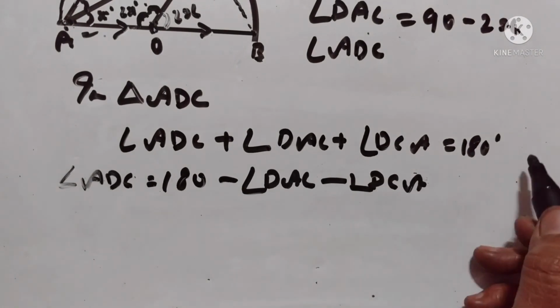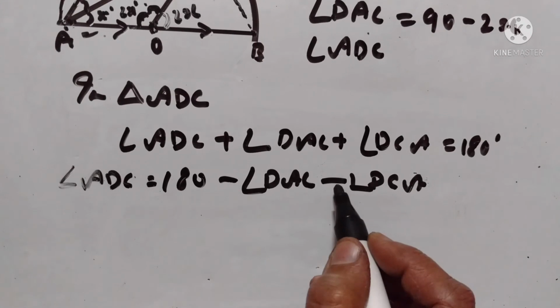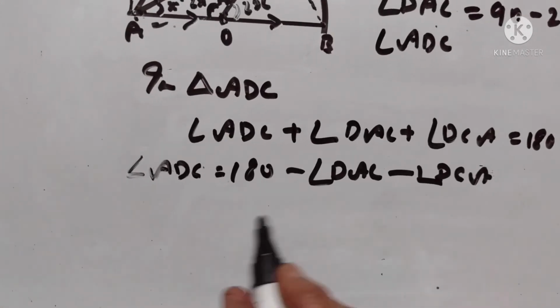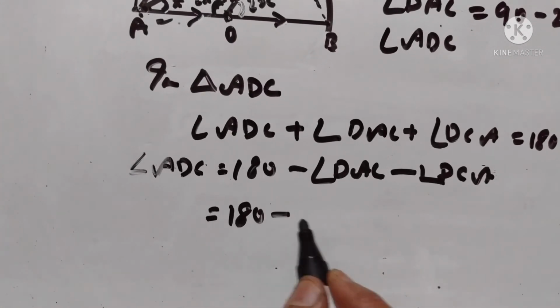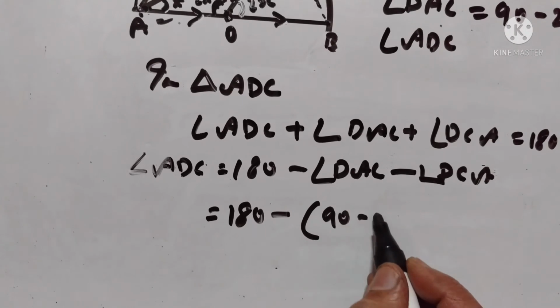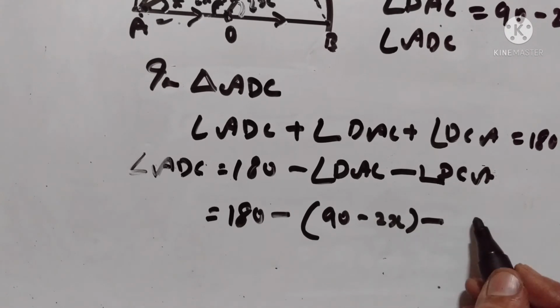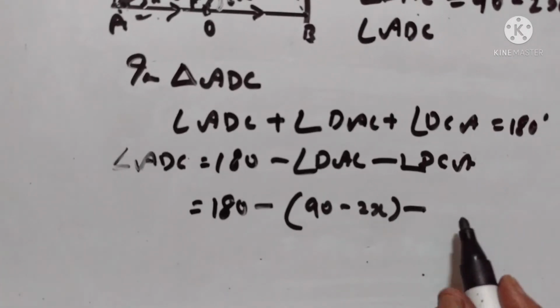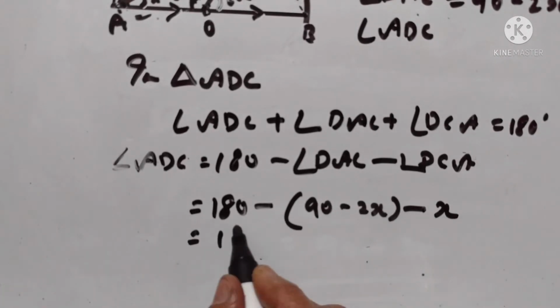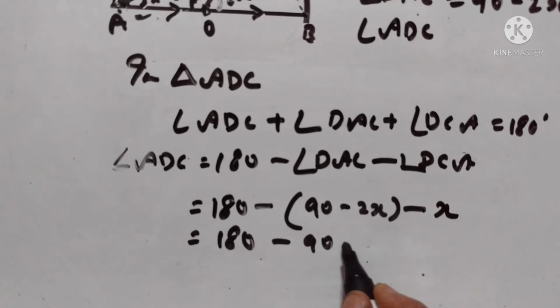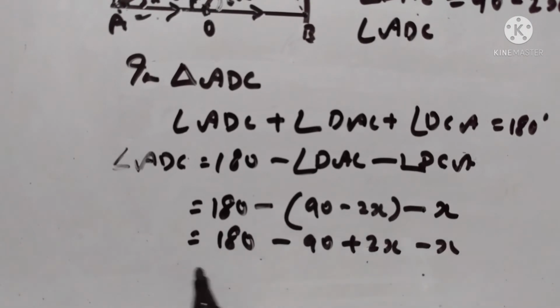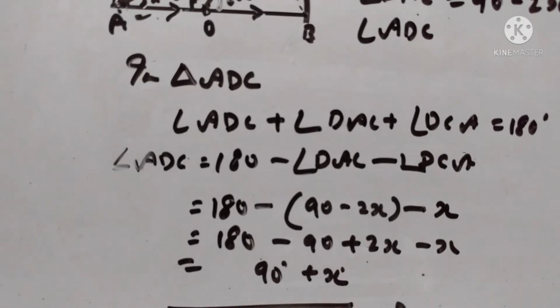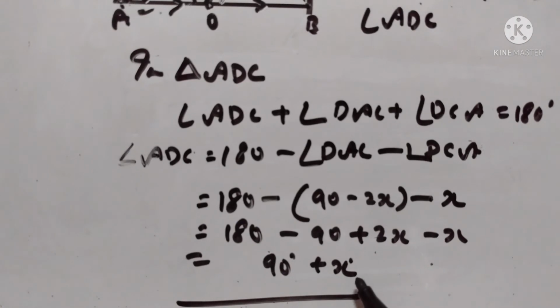These two go to the other side and become minus. 180 minus angle DAC, which is 90 minus 2x, minus angle DCA. Angle DCA is equal to x. So 180 minus 90 plus 2x minus x. 180 minus 90 is equal to 90. 2x minus x is equal to x. Angle ADC is equal to 90 plus x.